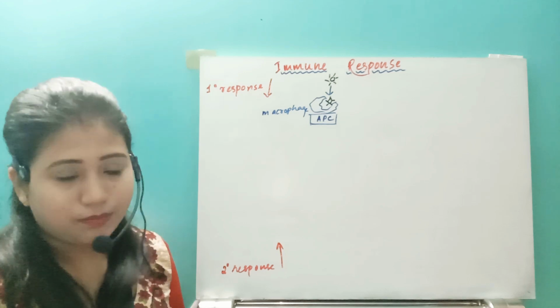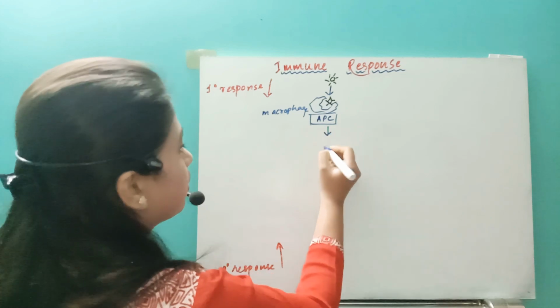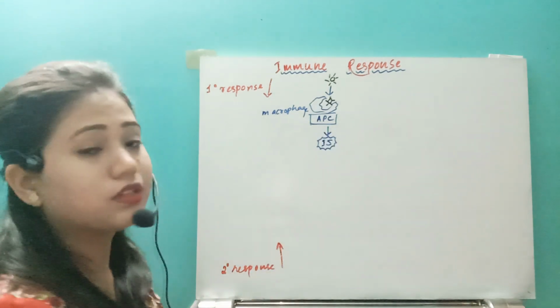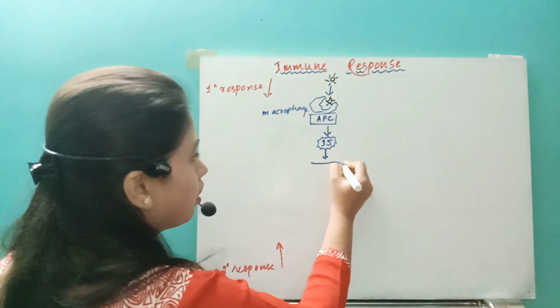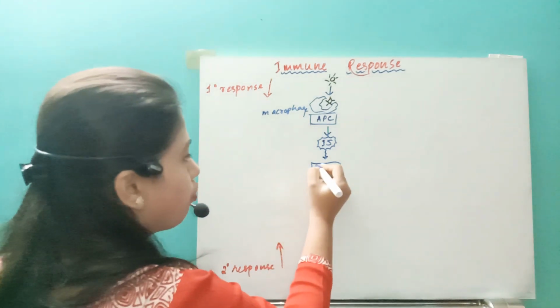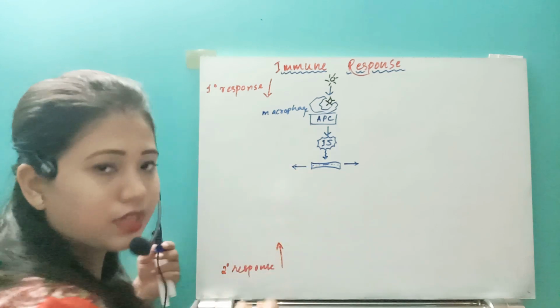Now next step, what will happen after that? It will trigger the immune system, and this information will go to the bone marrow. Our bone marrow will produce two types of cell. What are they?